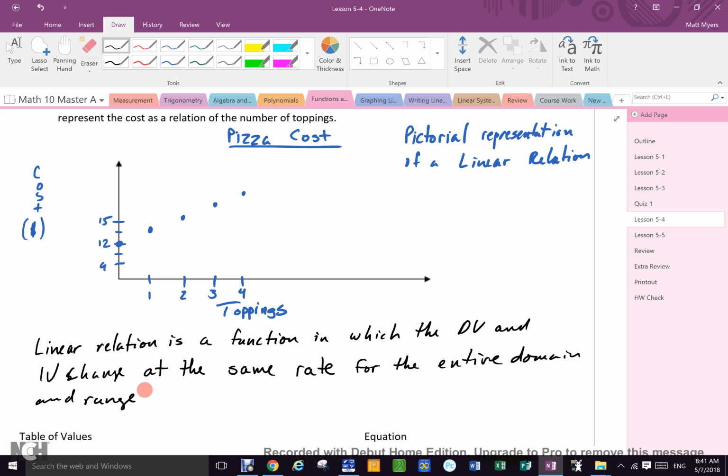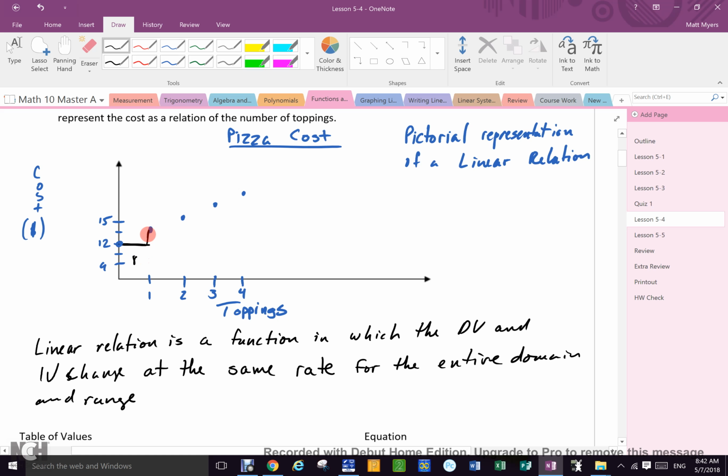Everybody understand? Here is what I mean. How far did I go this way on my domain right here? From there to there. 1.